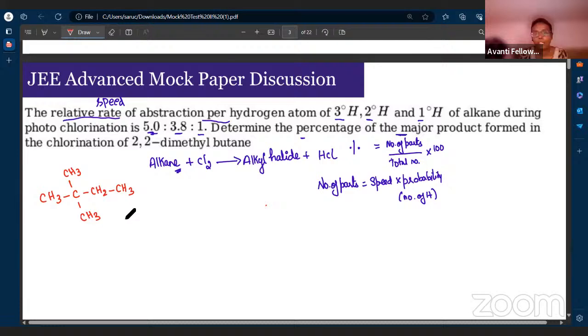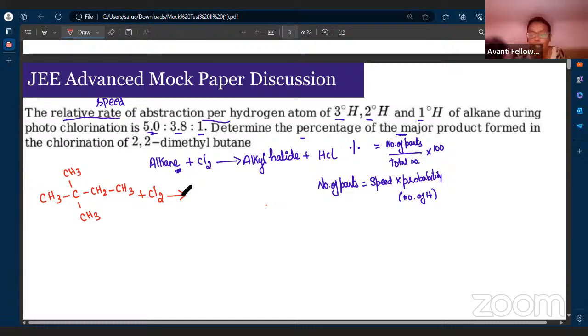You're doing chlorination. Now, how to find out the number of monochlorinated products? When you do the chlorination, how will you find out the number of monochlorination products?